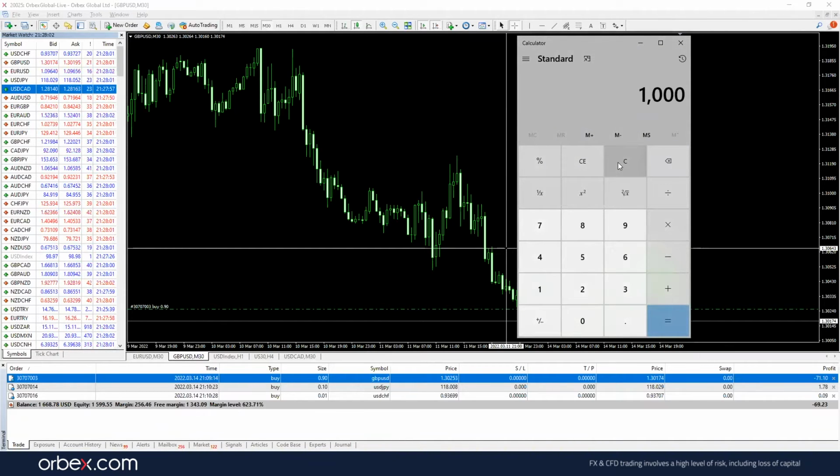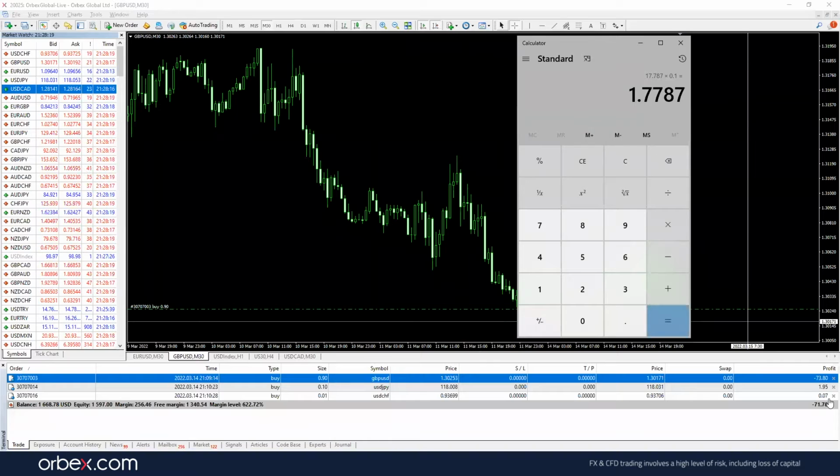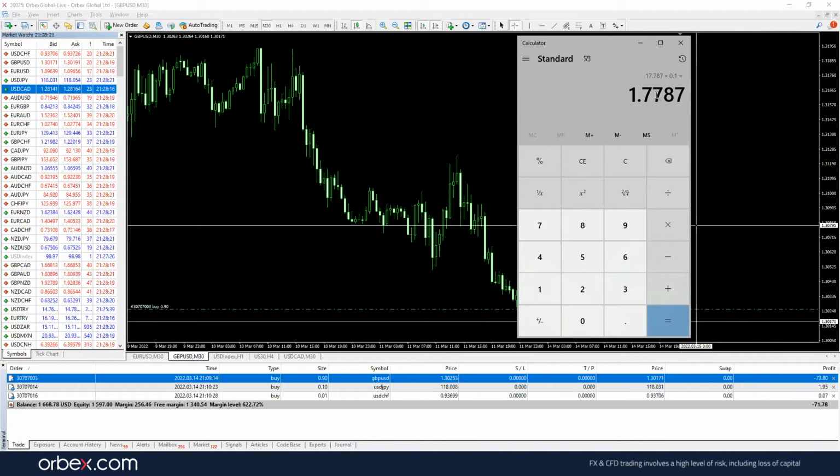So 1,000 divided by 118.03, 8.47. So 8.47 multiplied by 2.1, and then we have to multiply that by 0.1 for the volume. And approximately it's going to give me the amount. So 1.77. This is because I didn't use the exact pip value, but you get the general idea.